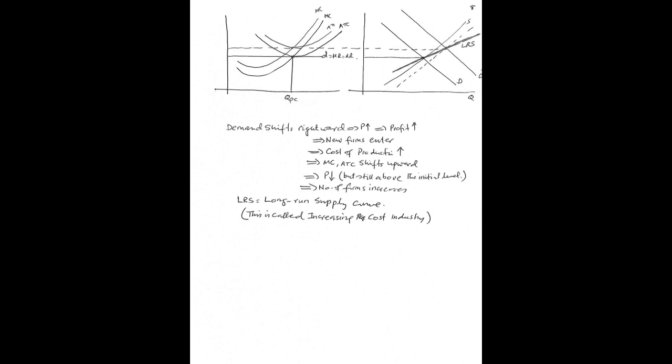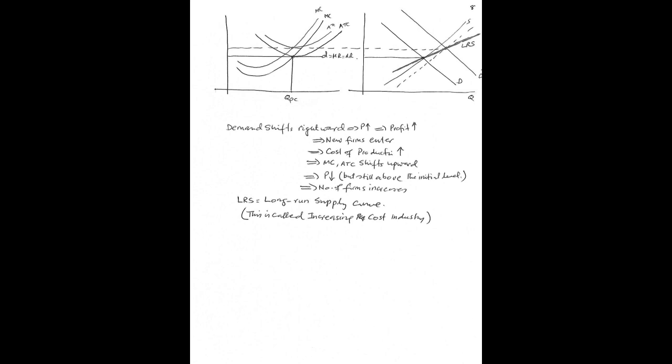Yeah, okay. So see what is happening. Demand shifts rightward because now suppose there's more demand. Price will increase, profit will increase. This increase in profit will attract new firms. So new firms enter this industry. Cost of production will also increase at the same time because of the nature of the product. So if you are selling gold, it costs you more to extract, or oil, whatever.